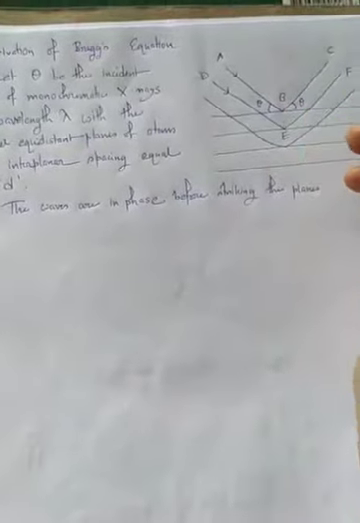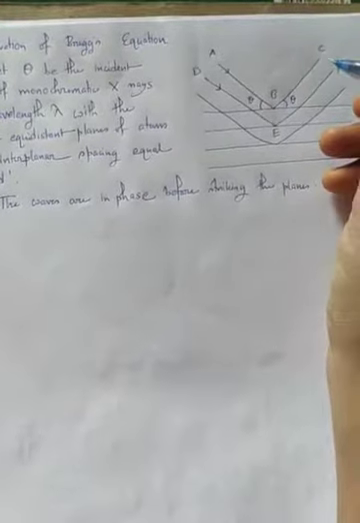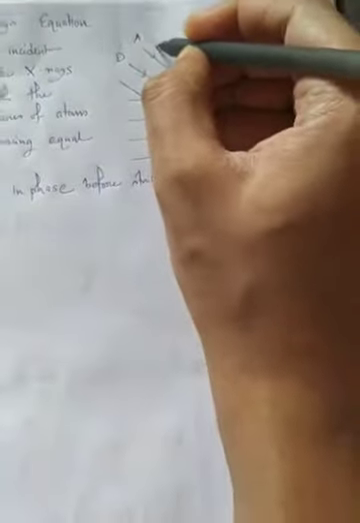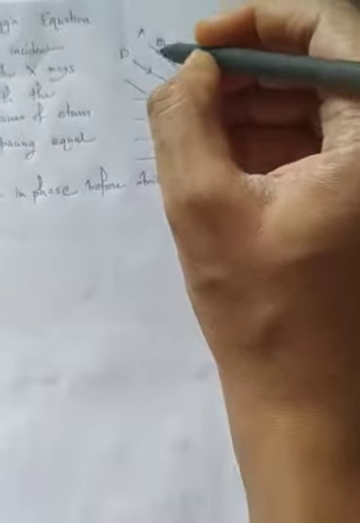Now let us label two such waves which are in phase as wave 1 and wave 2. So let us use ink of another color. This is wave 1 and this is wave 2.